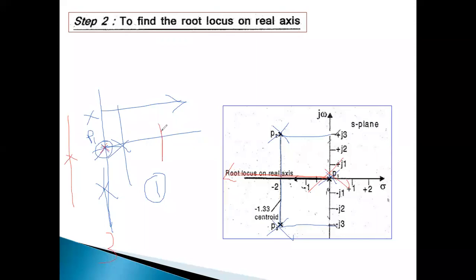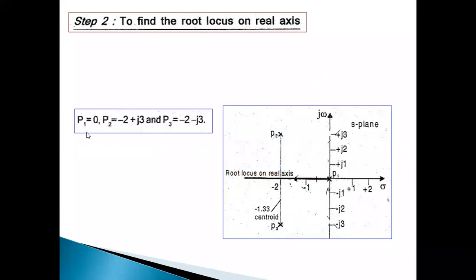If we take one more test point here, on the right side there are no poles and zeros, so automatically we can eliminate that one. So the root locus always moves in this direction only. Is it clear?